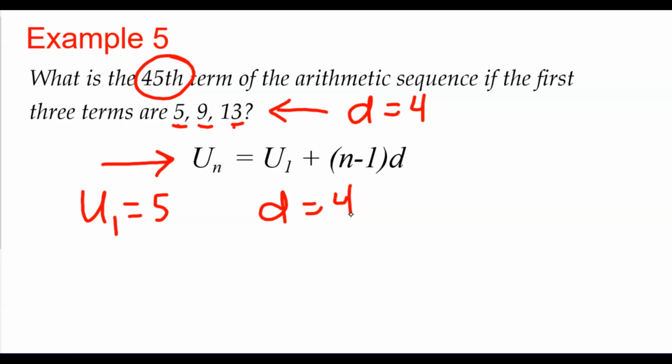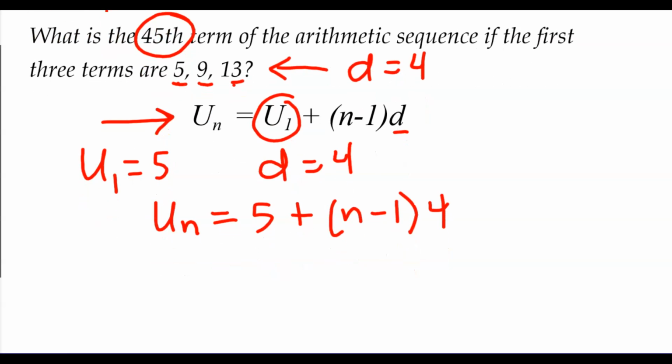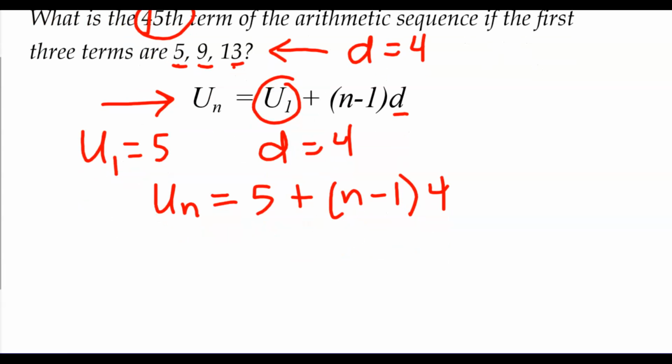Now we can come up with an explicit form for this sequence, which is un equals, replace u1 with 5, plus n minus 1 times the common difference, which is 4. Now, just like the last one, we can simplify this if we want to, but we know we're just trying to find the 45th term.